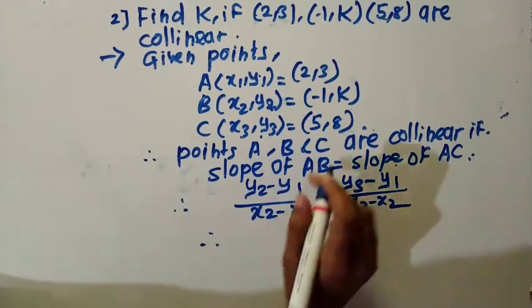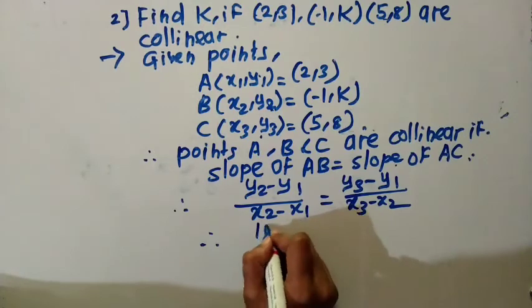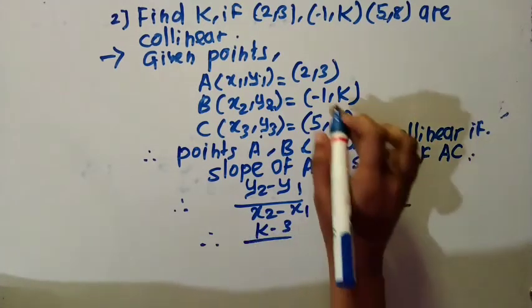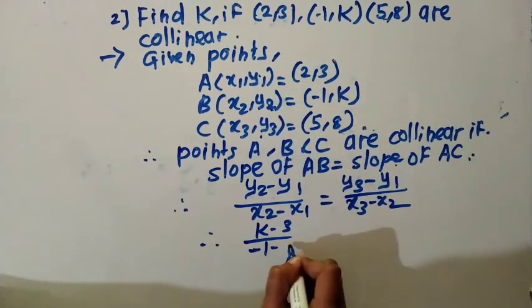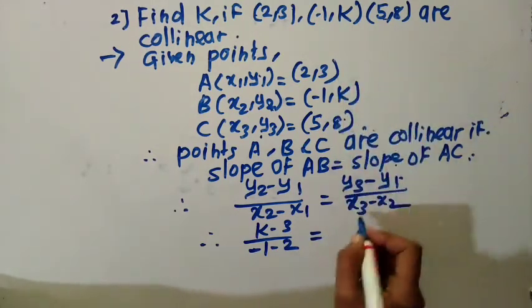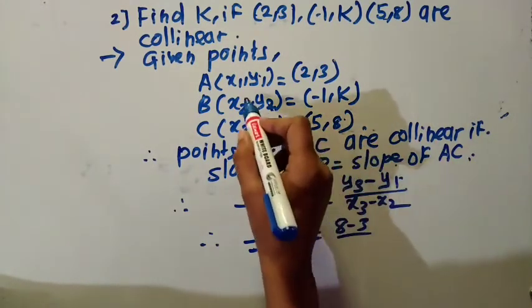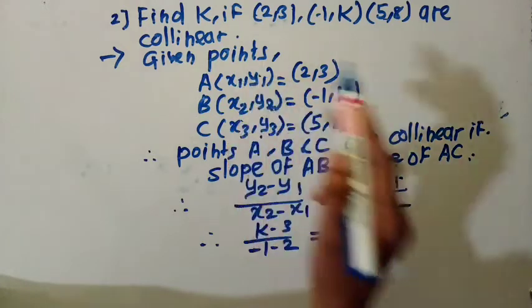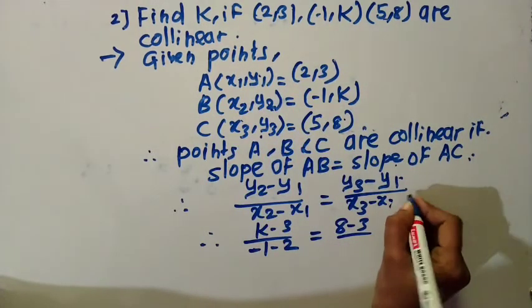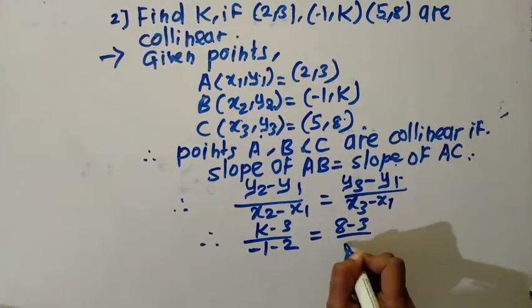Hence we get y2 minus y1 means k minus 3 upon -1 minus 2, then y3 minus y1 means 8 minus 3 upon x3 minus x1 means 5 minus 2.